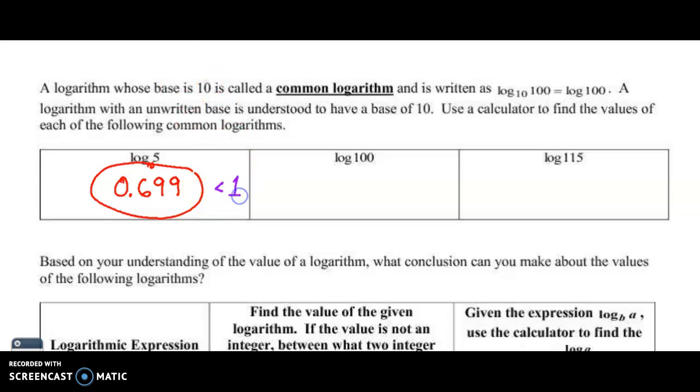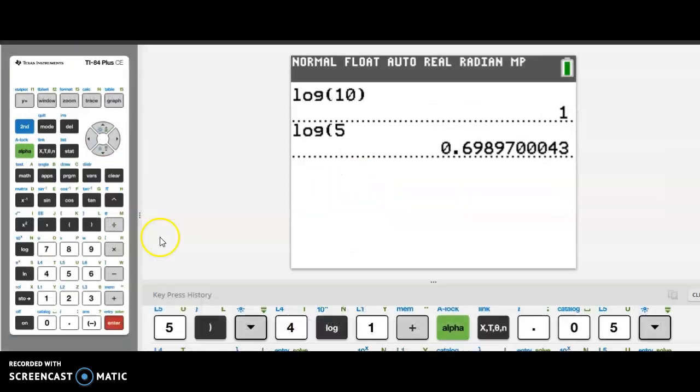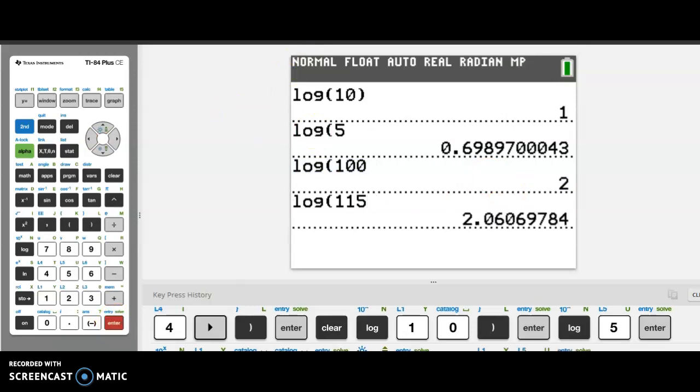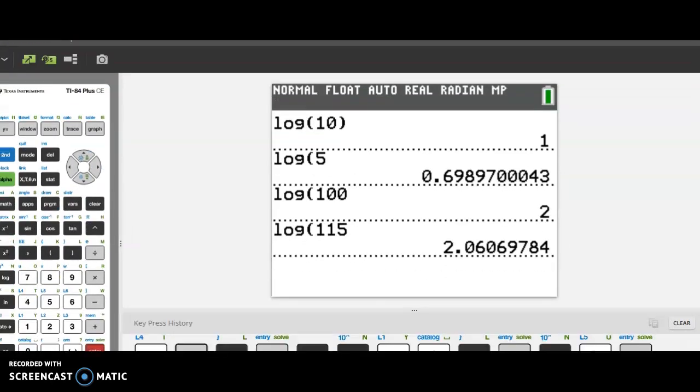That makes sense. Now this next one you should be able to do without a calculator. Do you know 10 to a certain power to give you 100? I hope you do. It's 2. So we can get an exact answer on that one. No need to use a calculator, but just to verify, it's 2. And then the last one, which is kind of why I wanted to use the calculator. Log of 115 is 2.061.